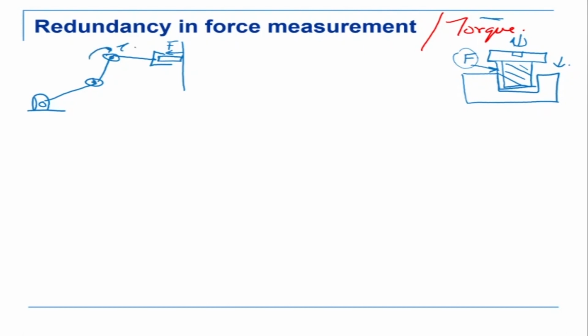For example, if a robot is moving in free space, this is an example you'll appreciate. Suppose the robot is moving in free space and suddenly it hits something. What will happen? An impact force will come. This force is going to get reflected onto the joint as a torque. So you should be able to measure that torque, and if it has hit, it should immediately stop moving or it should go backwards, so it doesn't cause any more damage.